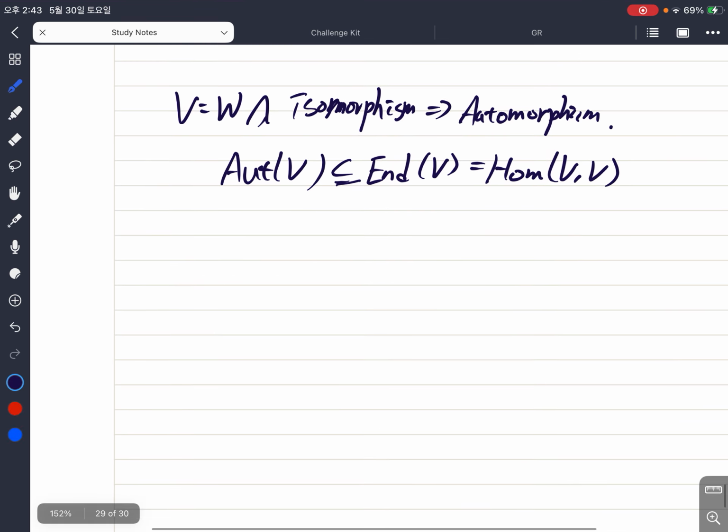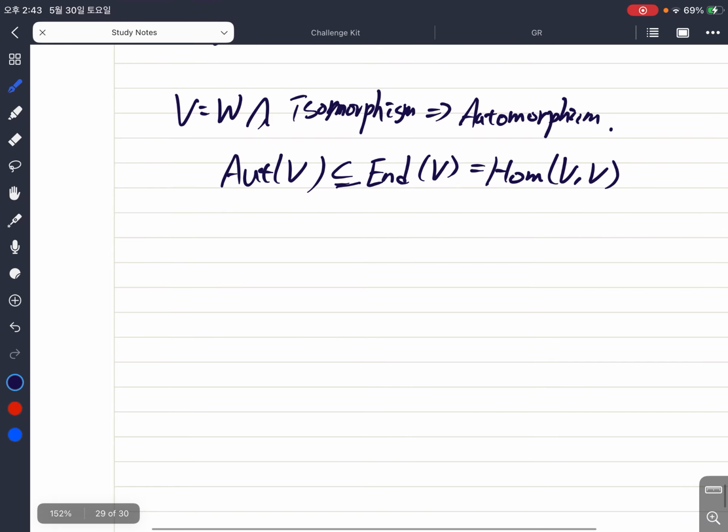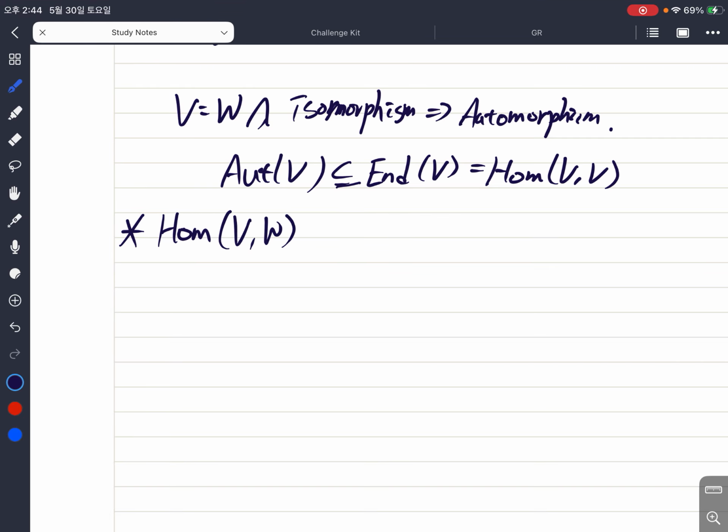Okay, now our goal is to show that there is a proper addition and scalar multiplication for these linear maps. What we want to show is that Hom(V, W) with some addition and scalar multiplication, let us write plus box and dot box, is a vector space.